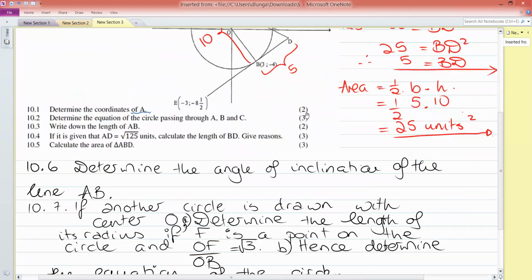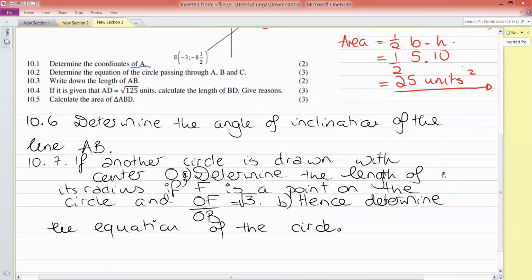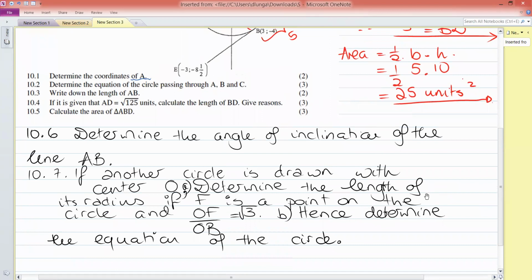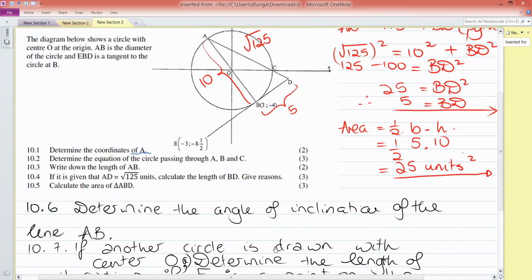Right, now on to this other stuff here. 10.6, determine the angle of inclination of the line AB. Okay, so line AB is this one here, right? We know that this center is 0, 0. So first things first, what should I do to work out the angle of inclination? The gradient, right? Because we know that m is equal to tan theta.